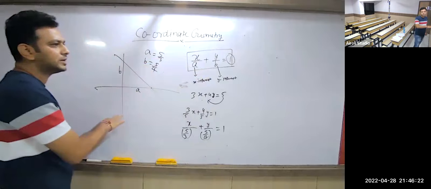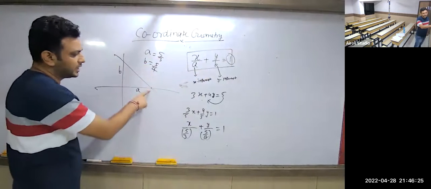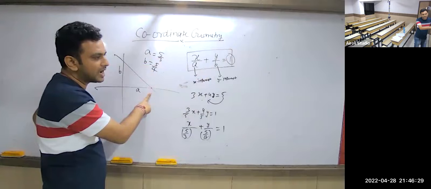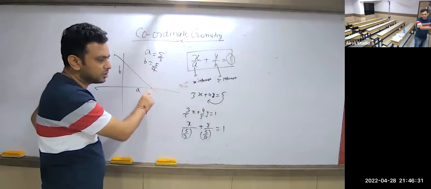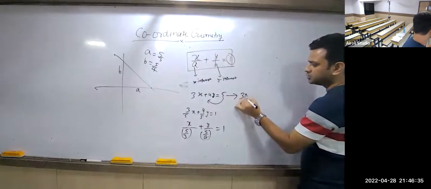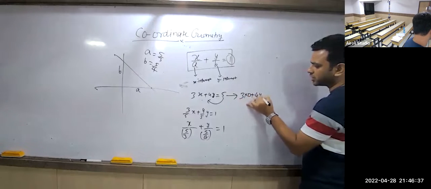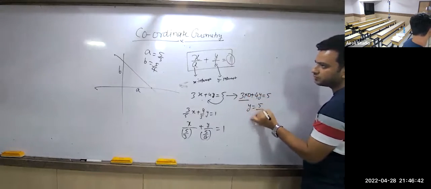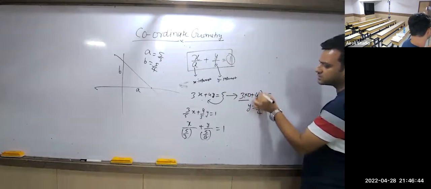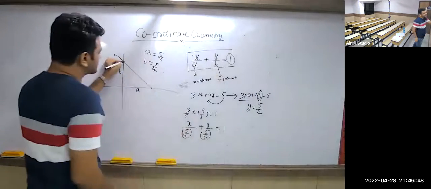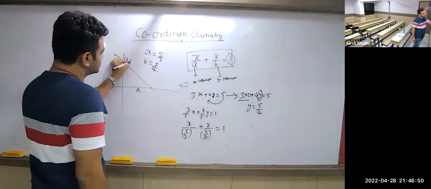By concept, if you want to find, you can also find. If I want a, what I have to do, I can put y value as 0 in the equation. So if I'm putting y value as 0, it will be 3 into 0 plus 4 times of y equals to 5. So this will become 0. Y value will be equals to 5 by 4. If I'm putting x value as 0, I will get 0 comma b.